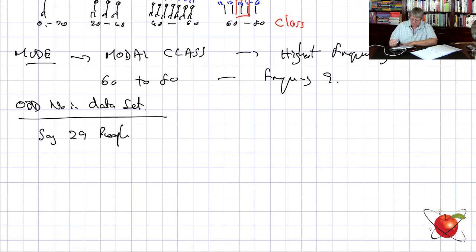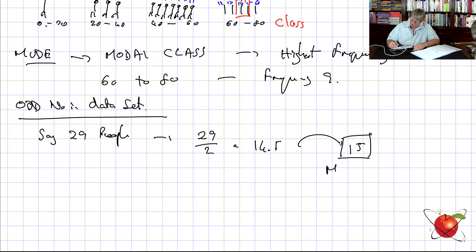How do we find the median? What person are we looking for? We're looking for the middle. 29 over 2 is 14 and a half. We cannot find the 14 and a half, so our median person is the 15th. We round up. So if it's even, divide by 2 and take that one and the next one. If it's odd, divide by 2 and round up to the next one. That gives you your median.